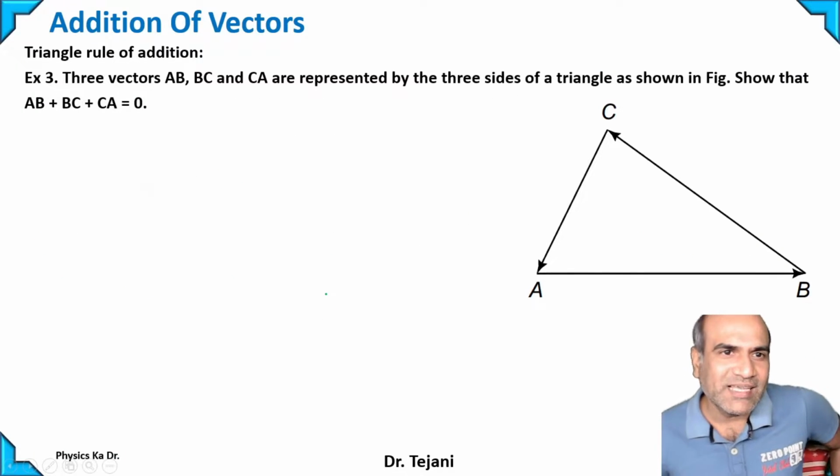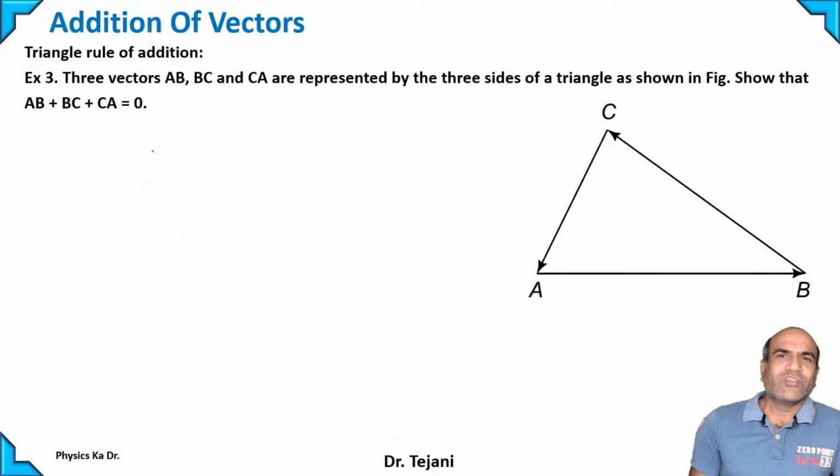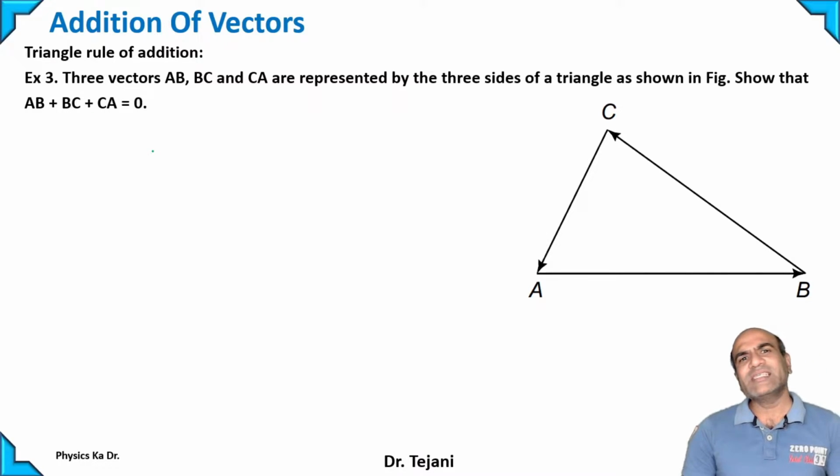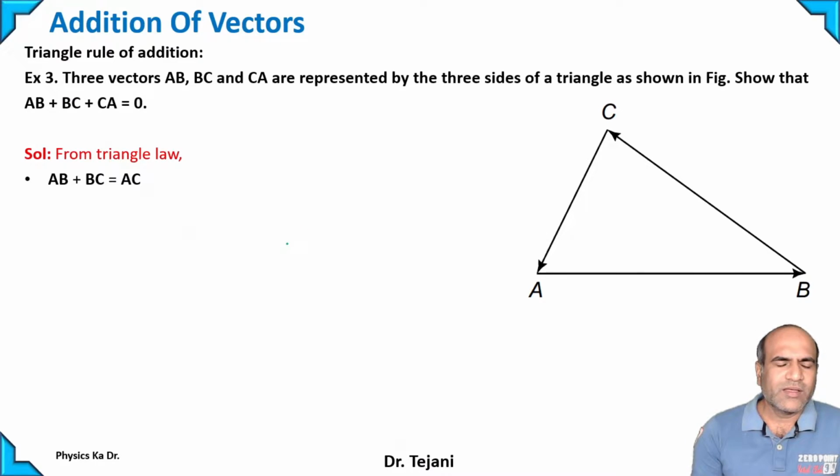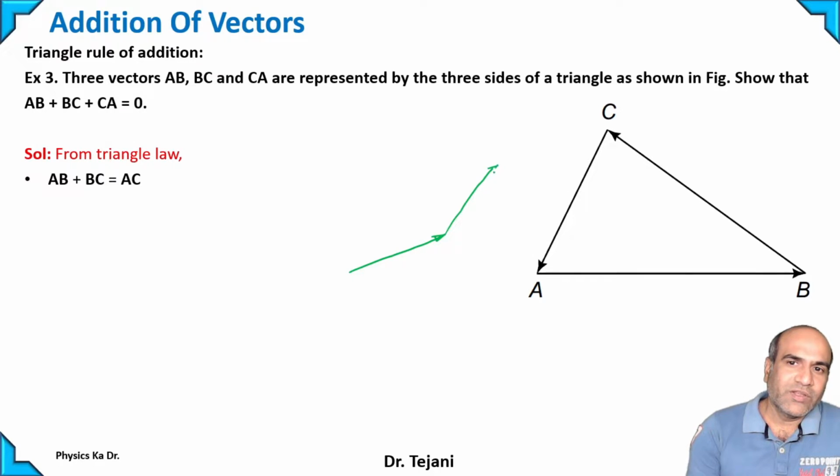Let us have an example based on this. Three vectors AB, BC, and CA are presented by the three sides of a triangle as shown in the figure. Show that AB plus BC plus CA is 0. We don't know yet. Let's see. From the triangle law, what we understand, say for example, if it is meeting head with the tail, right?